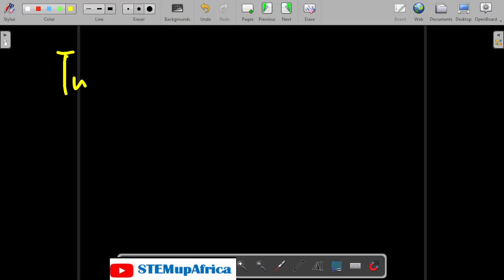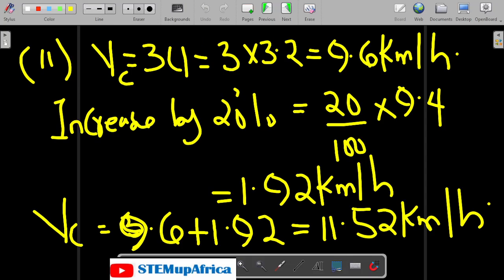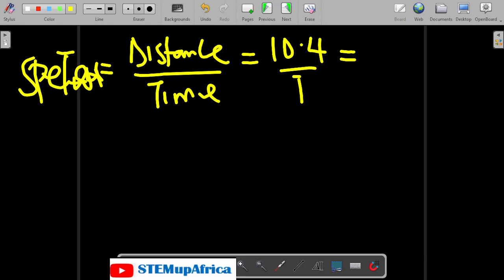For walking, time is the distance over speed. The distance does not change because it covers the same distance, whether we increase or decrease speed. Our distance is 10.4, so 10.4 over t is equal to 3.2.